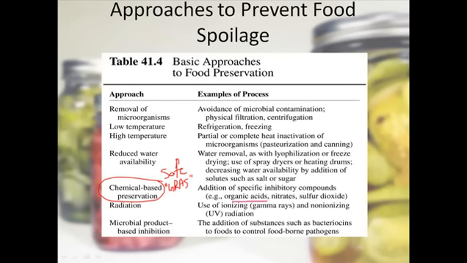Sometimes there are different compounds, the nitrites, the sulfur dioxides, because sulfur dioxide, nitrites and all these things can interfere with the metabolism of microorganisms, that can prevent those microorganisms from growing in the particular environment. And we can use physical radiation schemes, ionizing radiation like gamma radiation, and non-ionizing radiation like UV radiation, to kill all the microorganisms that are present in the food.